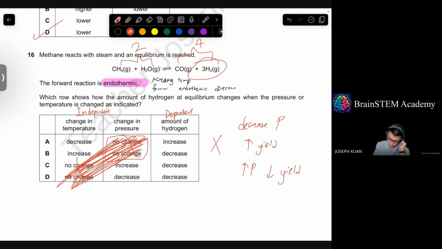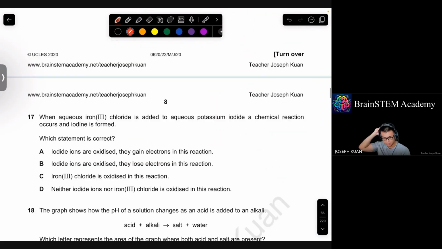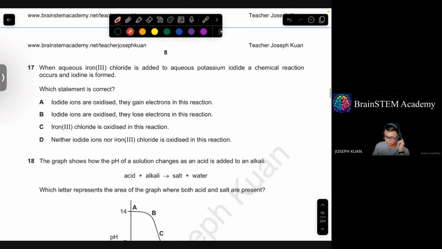So it's either C or D. Let me check that real quick. Yeah, the answer should be C. It's a pretty distracting question, but it shouldn't be a problem if you take a moment to digest the question.